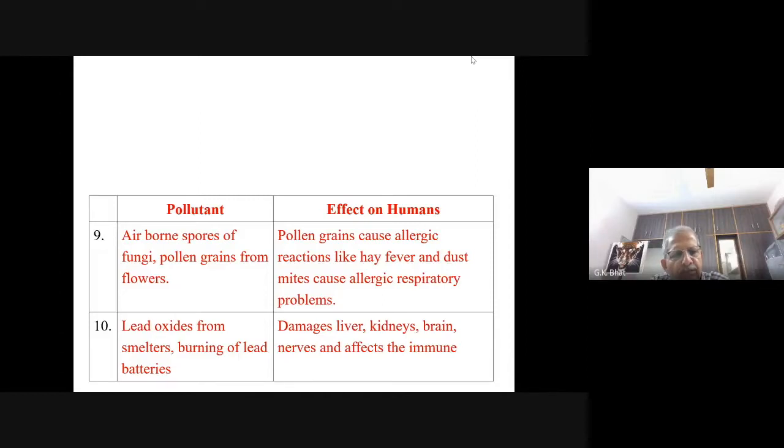Lead oxides from smelters, burning of lead batteries, damage liver, kidneys, brain, nerves, and affect the immune system. You make it dust might, not mites. Dust might cause allergic respiratory problems. That means it causes it in some people, not in all.